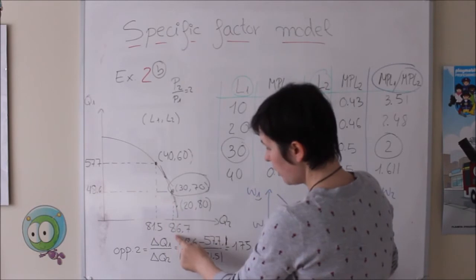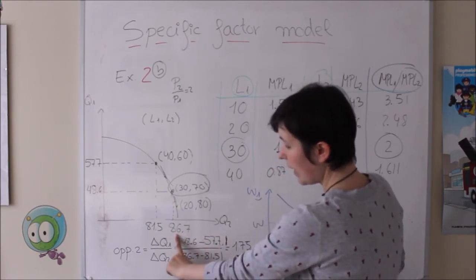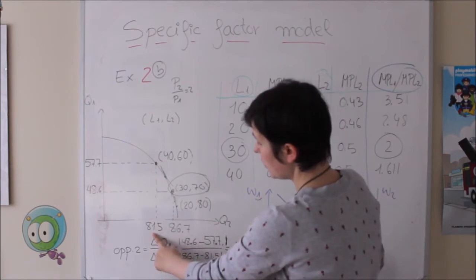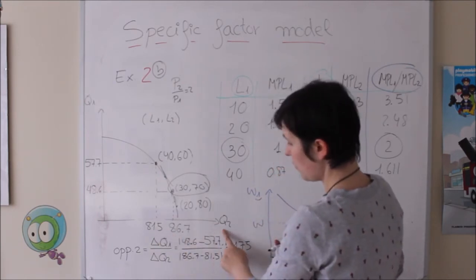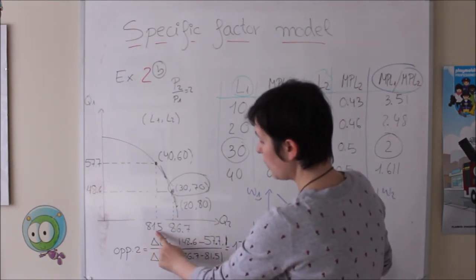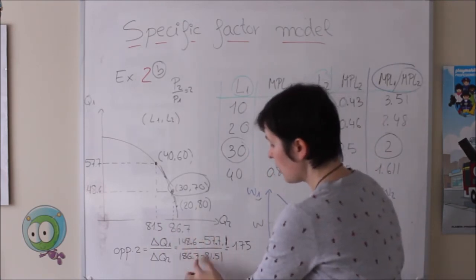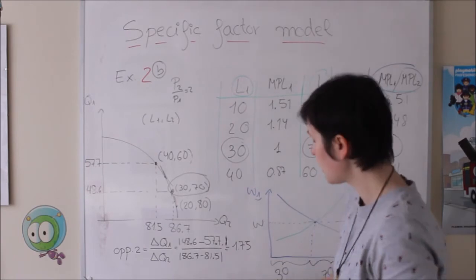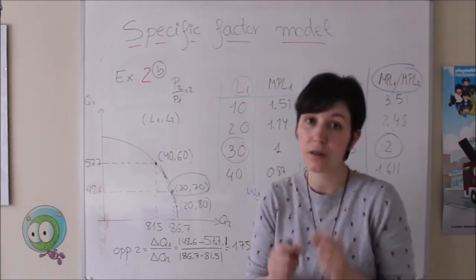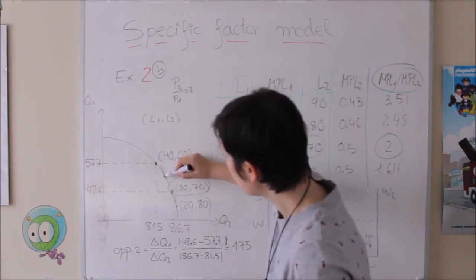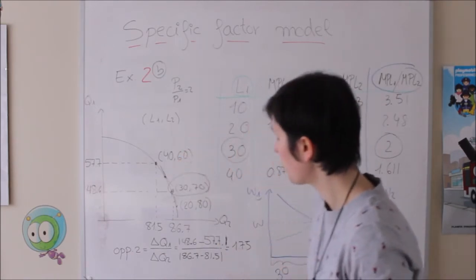The final is this one, 86.7, and the initial was this one, because here is the production of good 2, 81.5. So that's why I have the difference. As I said, you can do the opposite and it doesn't matter. And the result is not 2, but it's really close. It's 1.75, because in fact you are getting this slope.